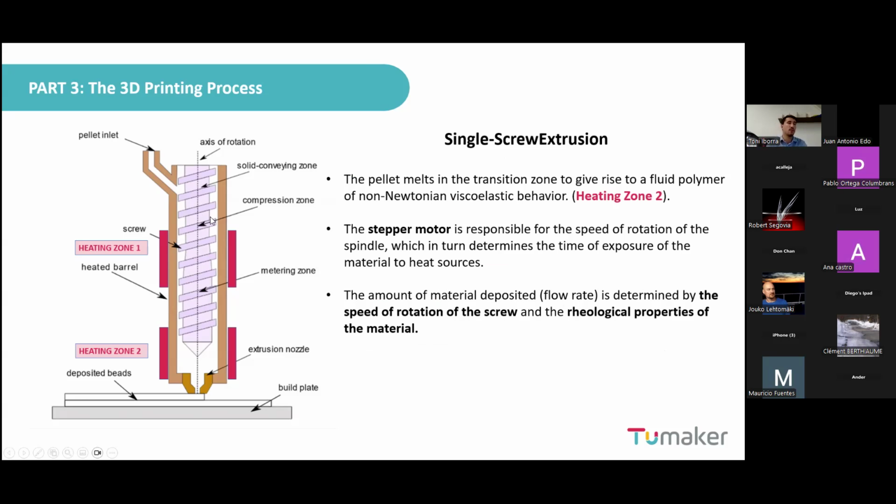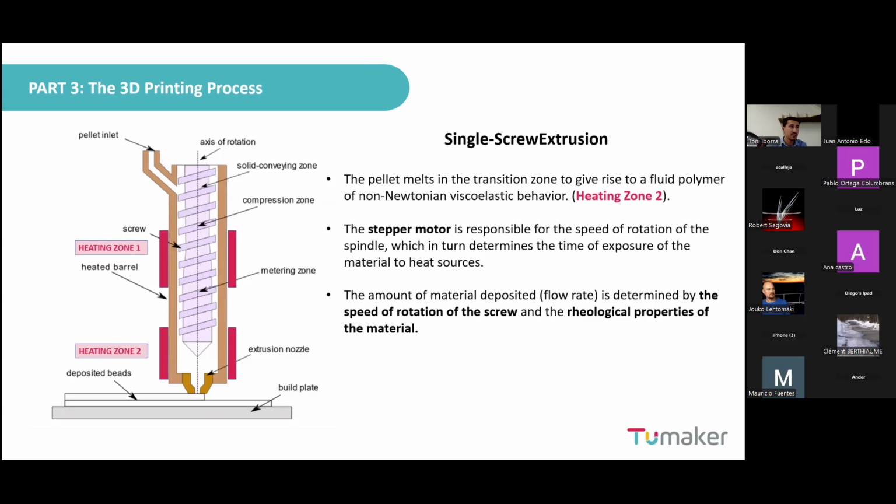If we compare filament 3D printing to pellet 3D printing, for filament 3D printing the slicer is going to calculate the volume that needs to be deposited per layer based on a filament with a specific diameter, 1.75. So the slicer can precisely calculate the volume using the volume formula and using 1.75 as the diameter.